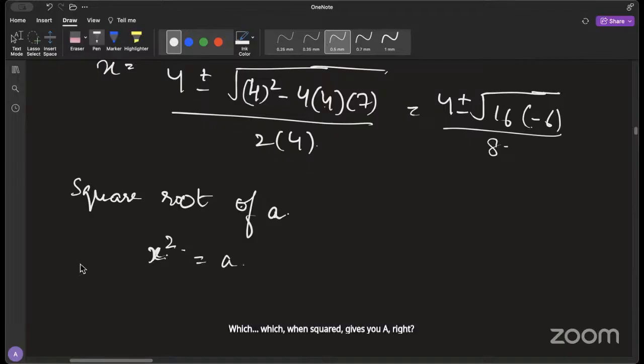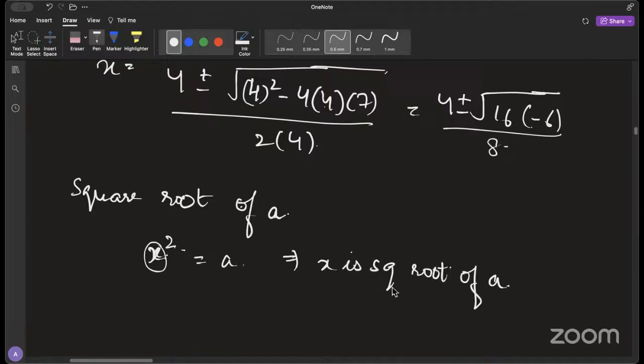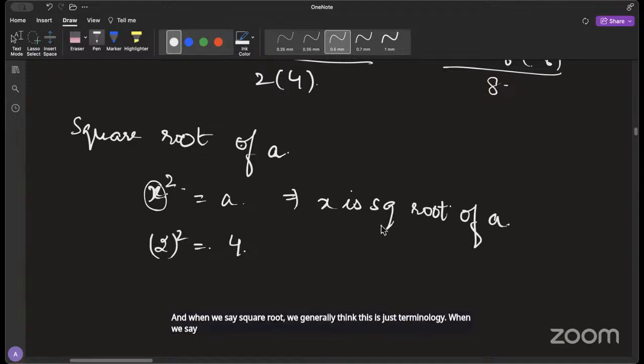So you need that number x. Now in this case, x is the square root of a. When we say square root, we generally mean the positive square root, unless otherwise mentioned.